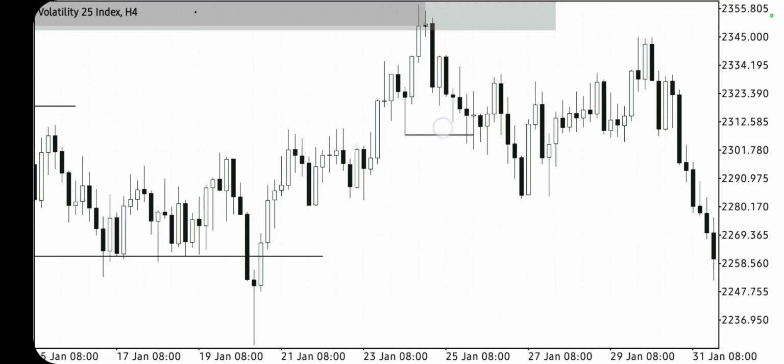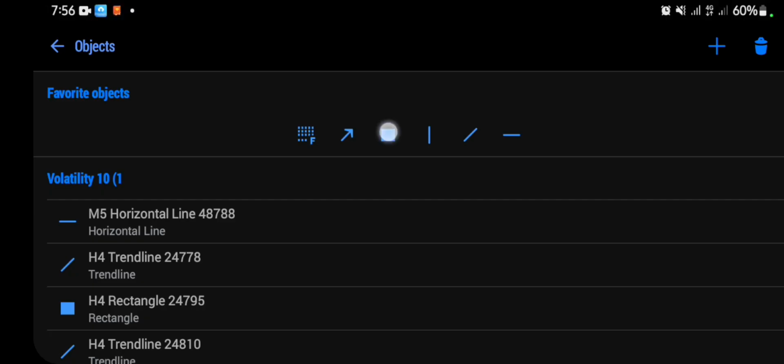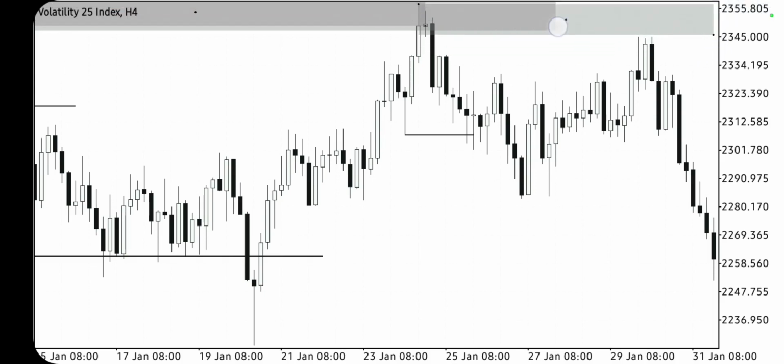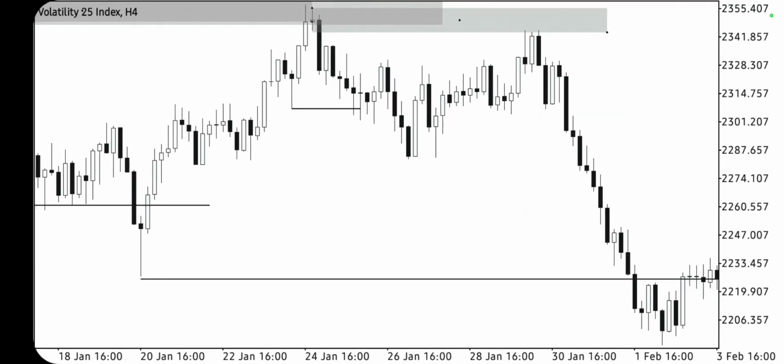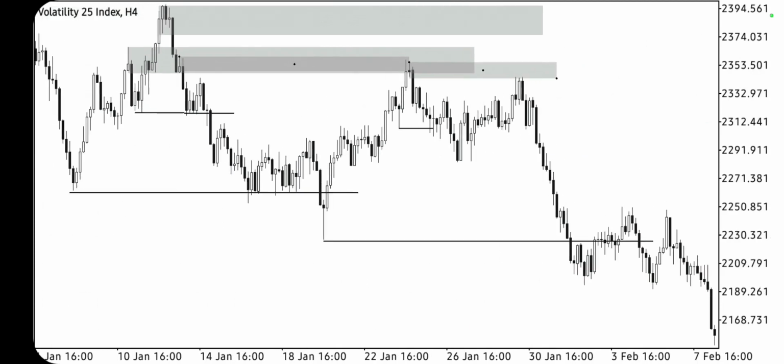Immediately this market broke to the downside, we had a retest at the SC candle. We had our retest back at the SC candle, and the market continued to the downside, and then we targeted this low.